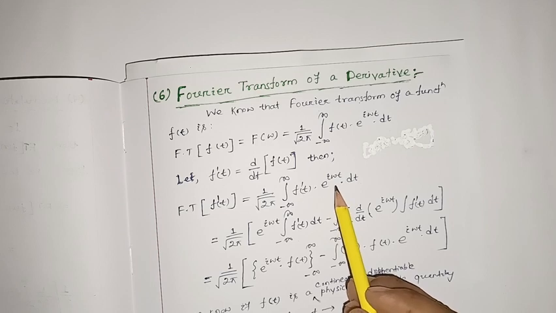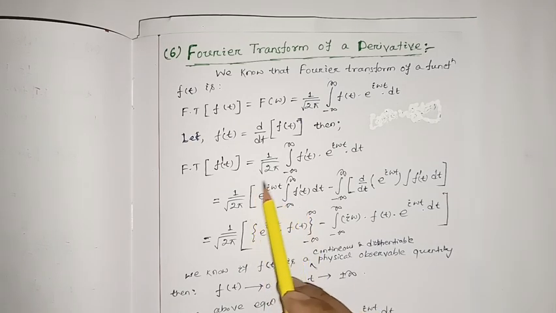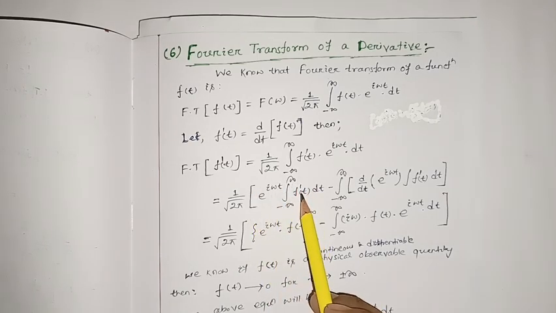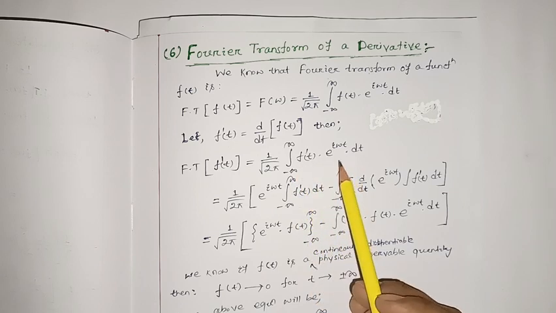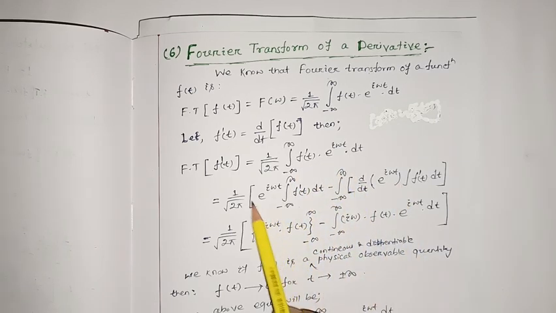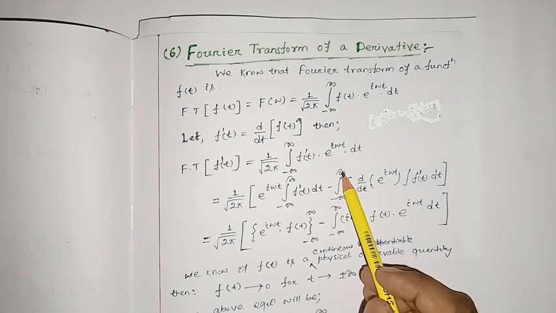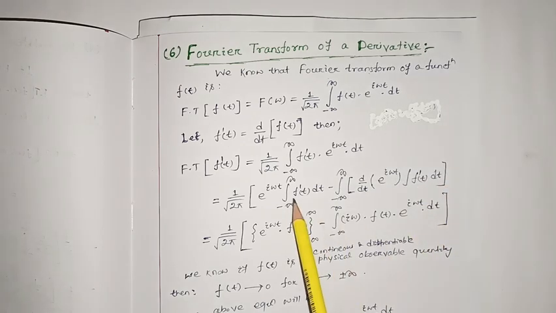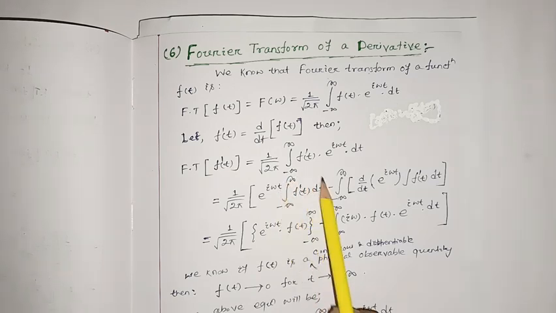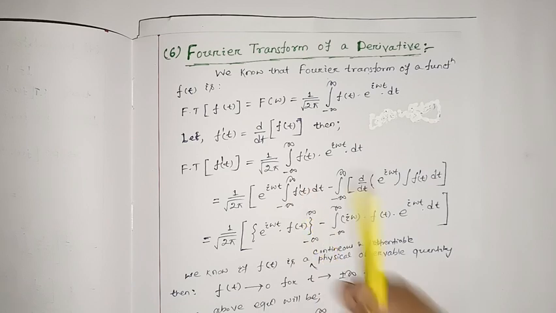Here f dash t is the second function and e to the i omega t is the first function, so we are going to use integration by parts. As f dash t is the unknown, we consider it the second function. Using integration by parts, we write the first function times the integral of the second function, minus the integral from minus infinity to plus infinity of the derivative of the first function with respect to t times the integral of the second function. The integral of f dash t is f(t), since one derivative is cancelled.